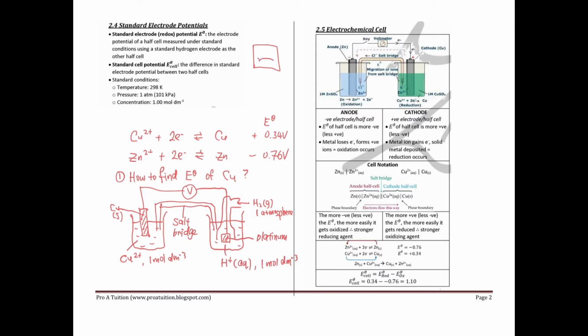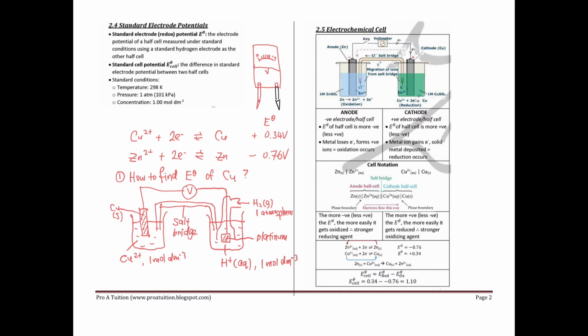Here is 0, and then there are lots of scale marks. There are 2 terminals: one terminal is in red color, another terminal is in black color. If you still remember your voltmeter, this is the voltmeter.